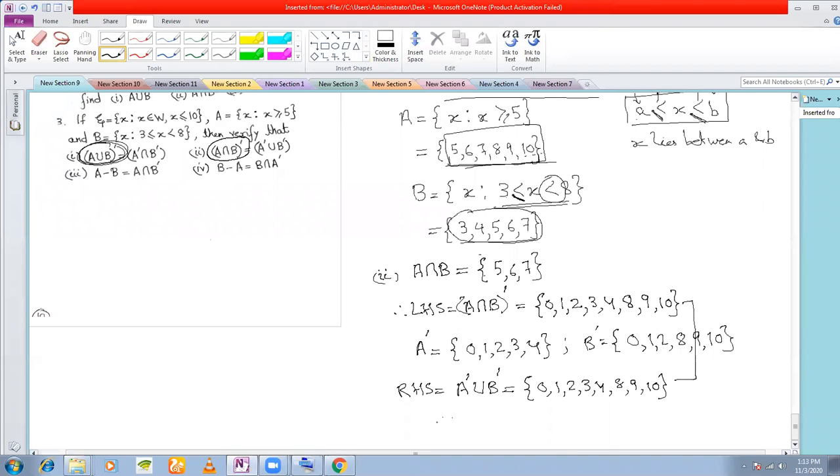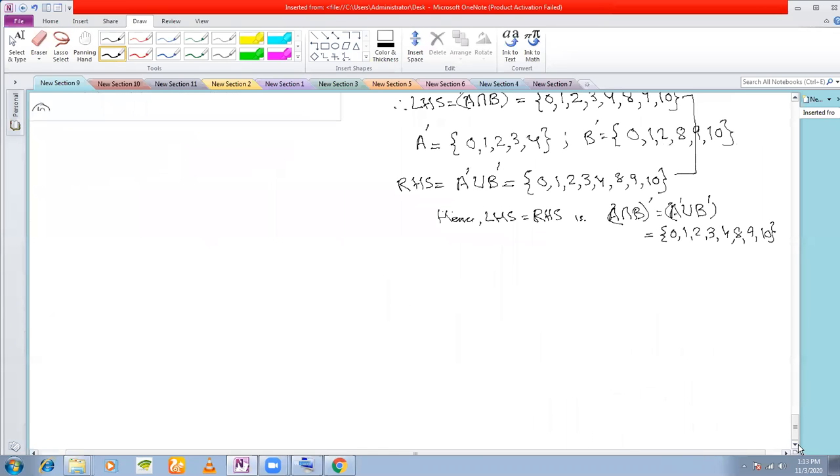Yes, they are same. So hence LHS is equal to RHS. That is A intersection B complement is equal to A complement union B complement, which is equal to 0, 1, 2, 3, 4, 8, 9, and 10.